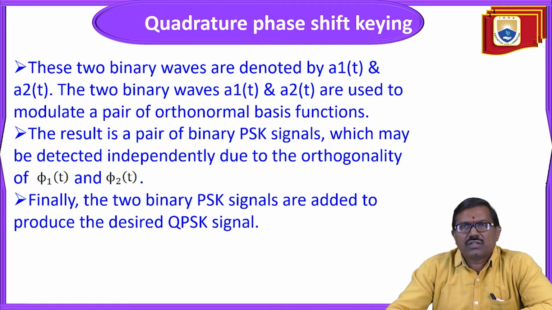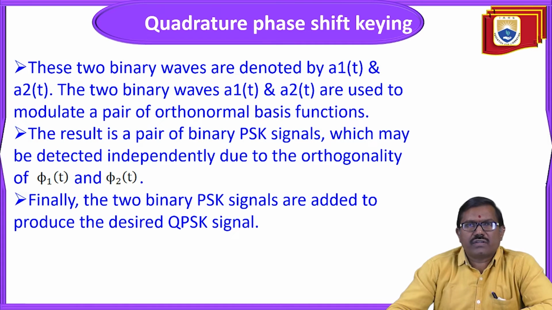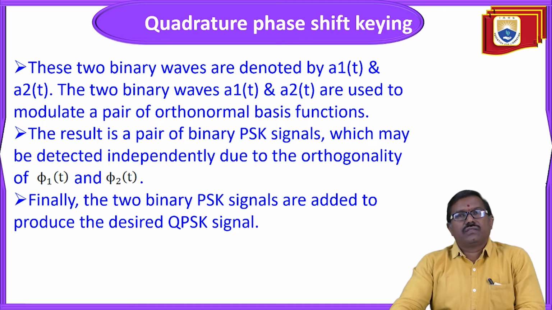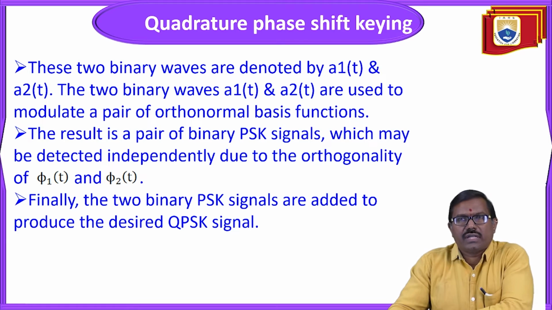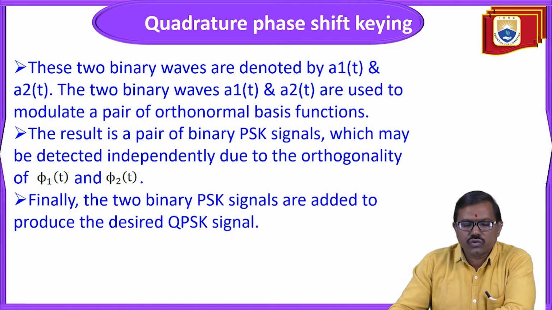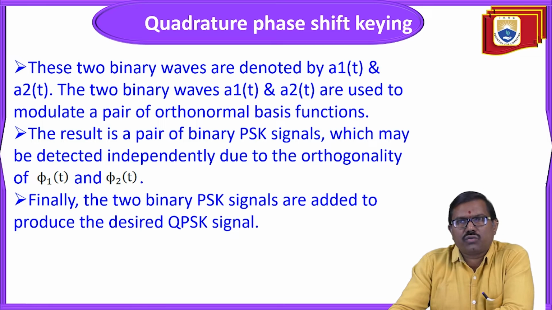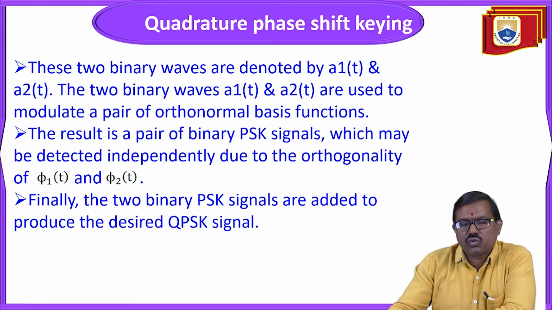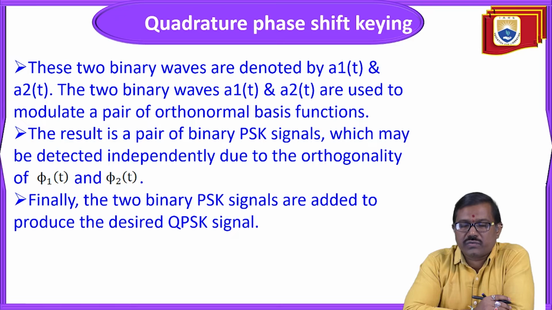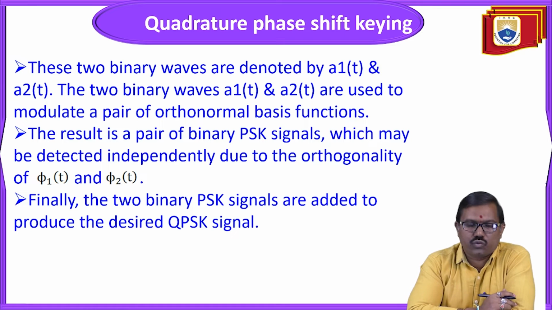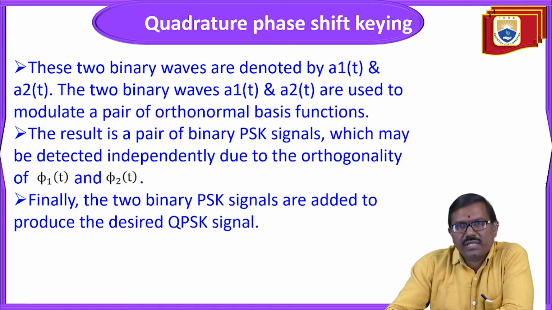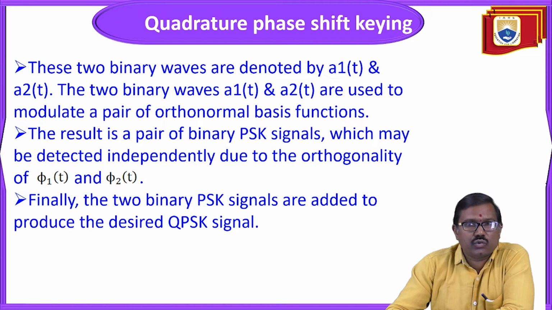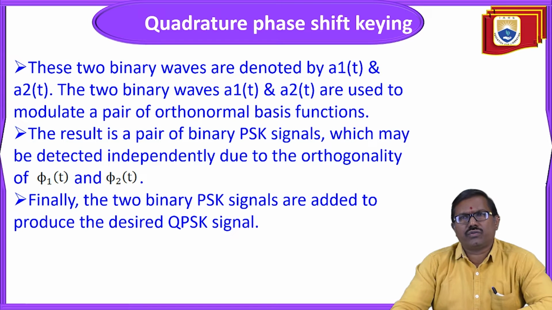and these 2 binary waves are denoted as a1 of t and a2 of t. So the 2 binary waves a1 of t and a2 of t are used to modulate the pair of orthonormal basis functions. In that picture you can see the orthonormal basis functions are phi 1 of t and phi 2 of t. So the result is a pair of binary PSK signals which may be detected independently due to the orthogonality of phi 1 of t and phi 2 of t.